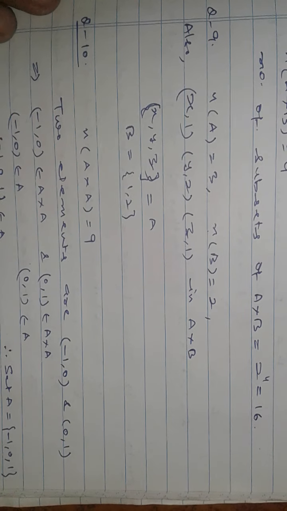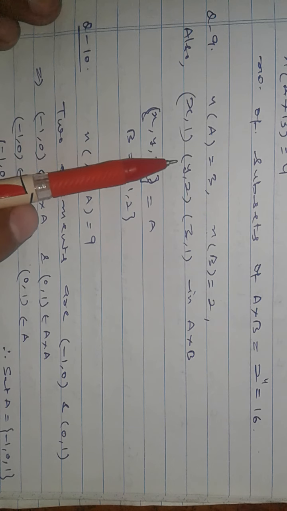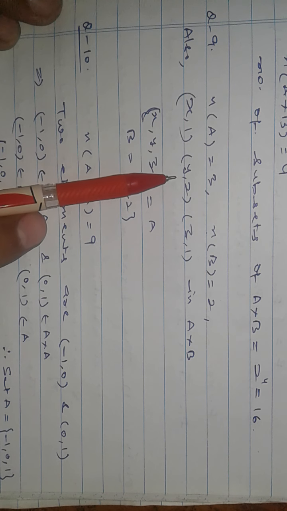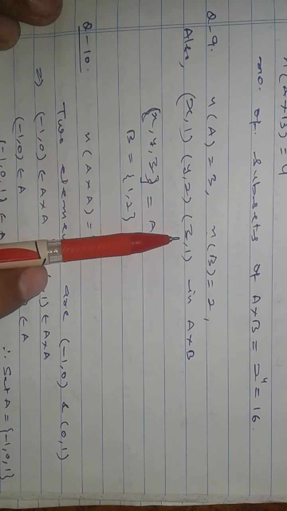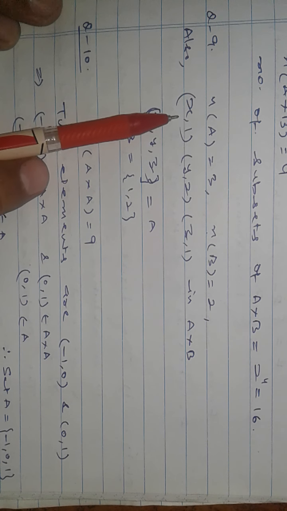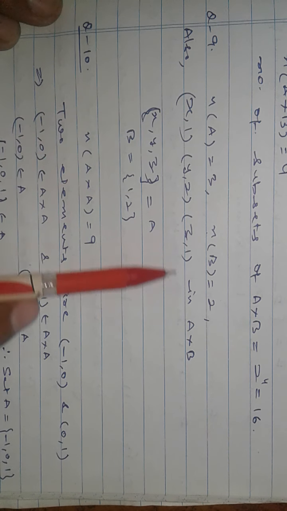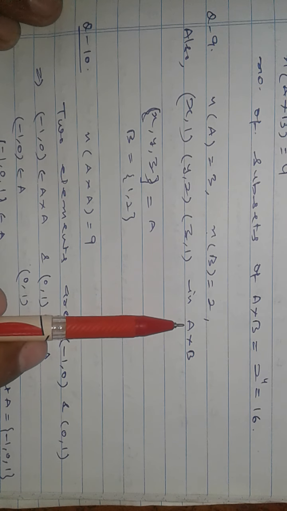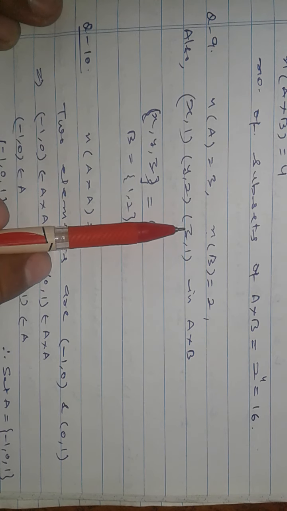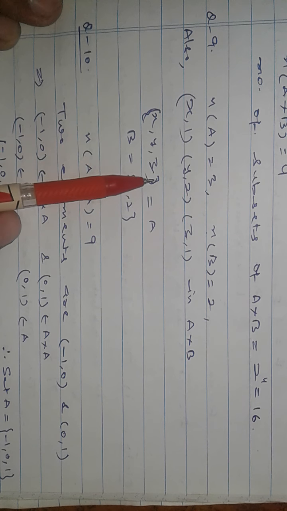Question number 9. We are given A and B are two sets such that n(A) is equal to 3, n(B) is equal to 2, and (x,1), (y,2), (z,1) are in A cross B. In A cross B, the first entries are from A. From A, x, y and z are there, so A will be {x, y, z}.